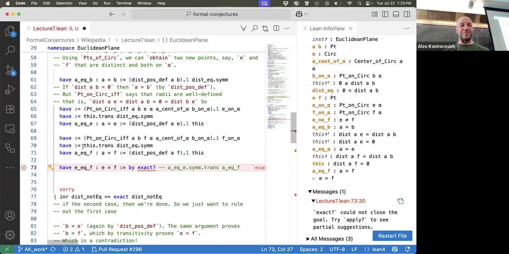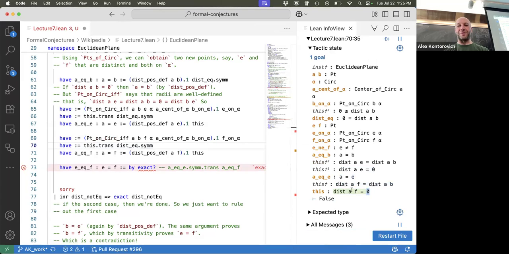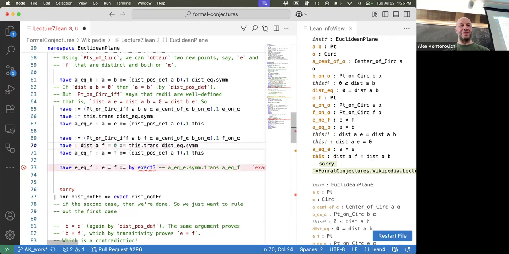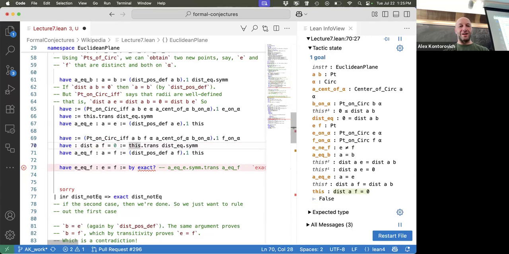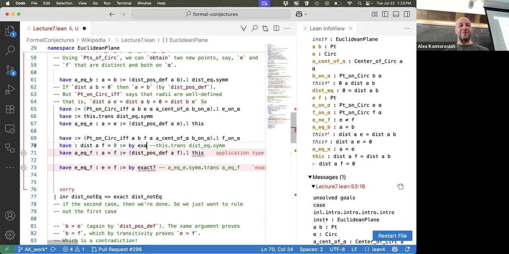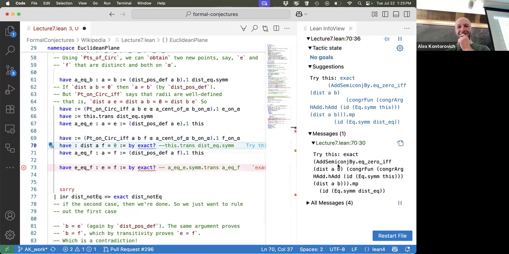I'm curious. So what are we trying to prove here? We're trying to prove that dist A F equals 0. So let me tell it what the statement is: dist A F equals 0. And now I'll comment this out and I'll try exact question mark. Does that find it? It does. But its proof is really, yes, this works, but come on, that shouldn't be the proof.